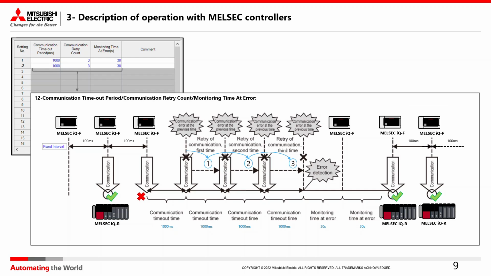At this point, the timeout time count will begin, in the example equal to 1000 milliseconds. Then begins a series of 3 communication retry counts, as set. Subsequently, if communication fails, the error code is provided in the buffer memory.